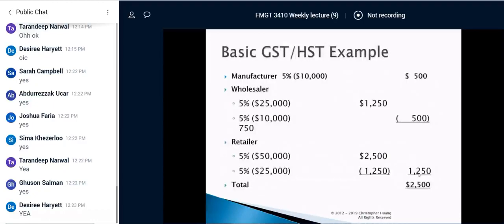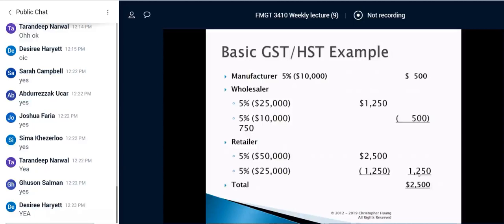Say, for example, you have GST or HST, and we're just looking at the GST right now. So you're a manufacturer, you buy something, it costs you $10,000. You're going to pay $500 of GST. Now you sell something to a wholesaler. You sell for 25,000. So the wholesaler pays 25,000.